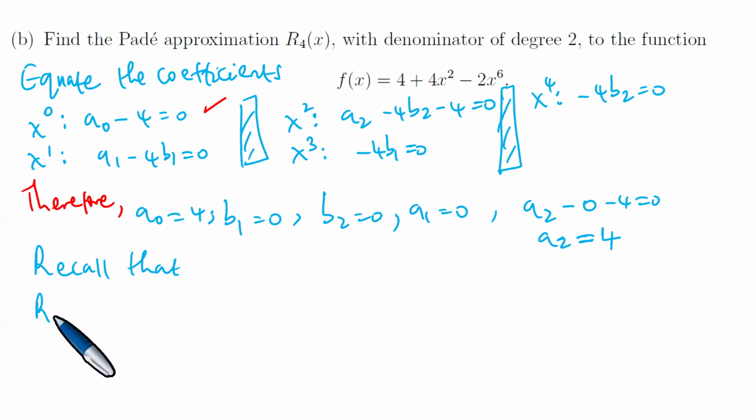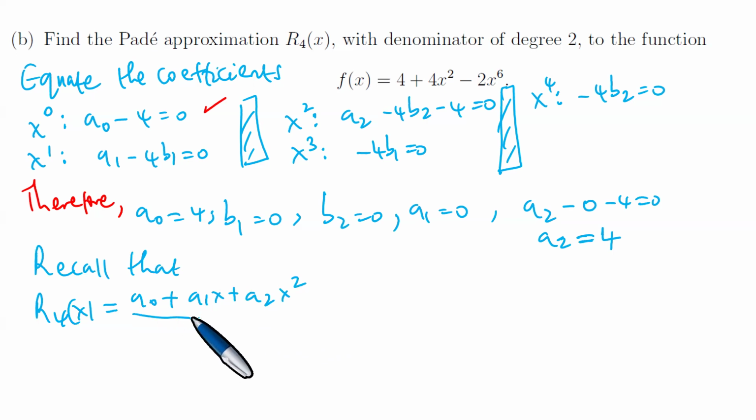Recall that R4 of X is actually equal to A naught plus A1X plus A2X squared, all divided by 1 plus B1X plus B2X squared. What is A naught? It is 4.